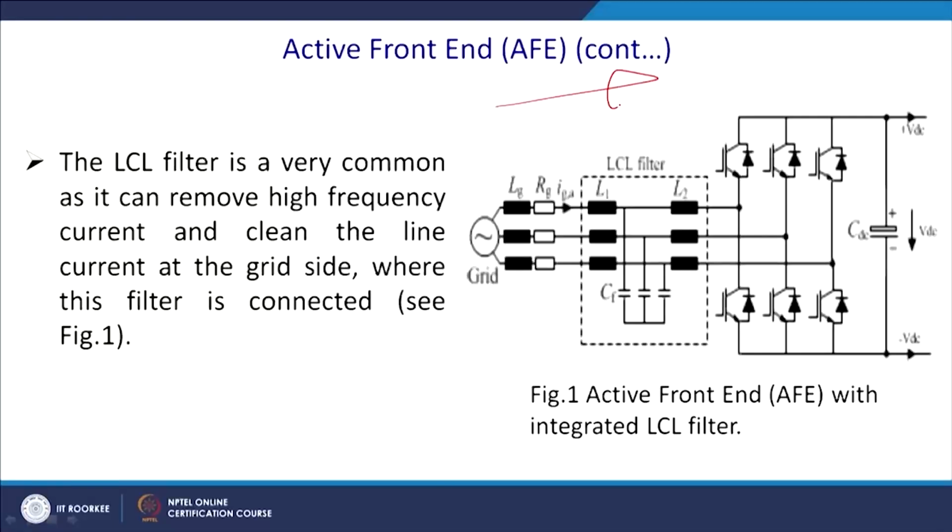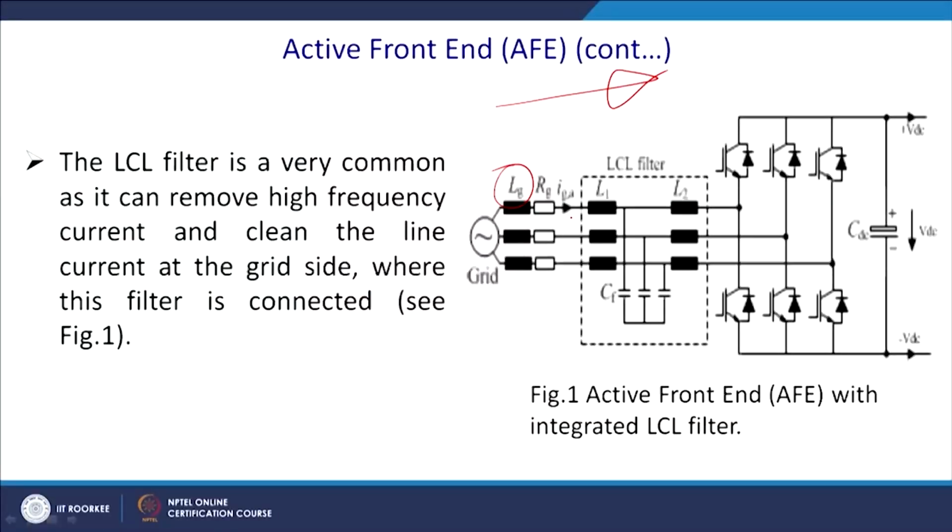Assume that power is going from the AC to the DC side, and it is a grid, and you have a grid inductance, this is the leakage inductance coming from the transformer. Essentially the leakage of the transformer constitutes the grid inductance. Thereafter, whatever the resistance of the total side is put as a lumped parameter Rg, and thus you have a grid current.